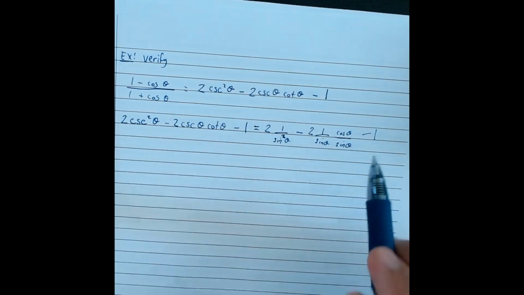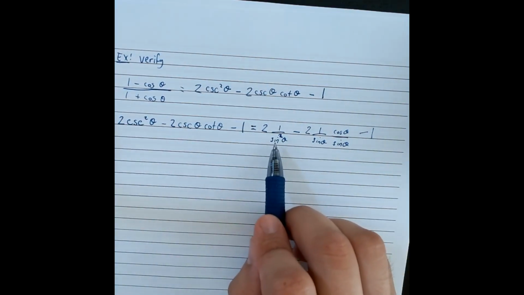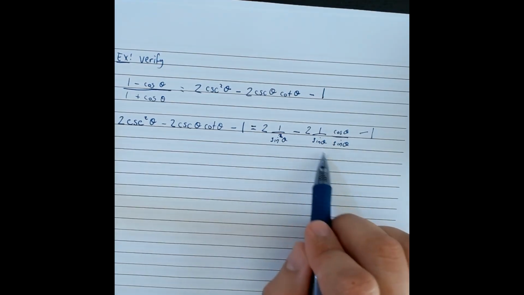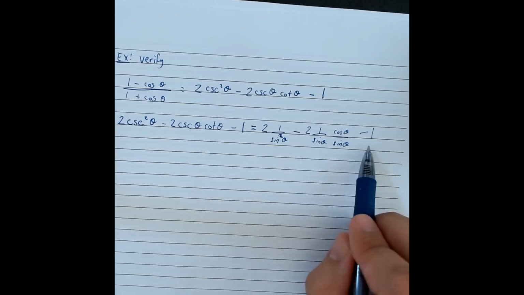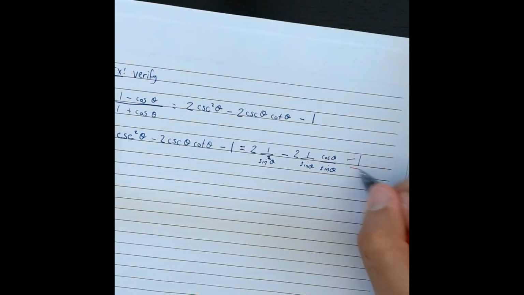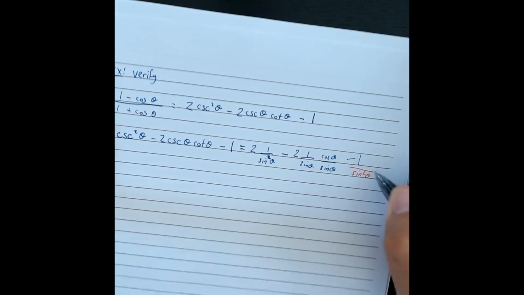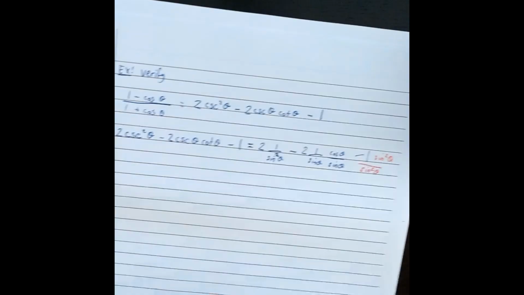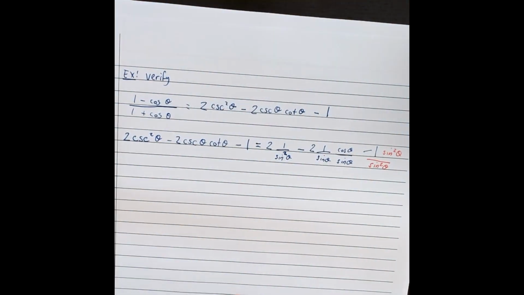Here, let me rewrite these. Notice that I have a common denominator here, sine squared of theta. And over here I also have sine squared of theta. Oh, but this one doesn't. Well, we can give it one. If we multiply the top and bottom by sine squared of theta, hey look, now all 3 of them have the same denominator. So let me put all that together.